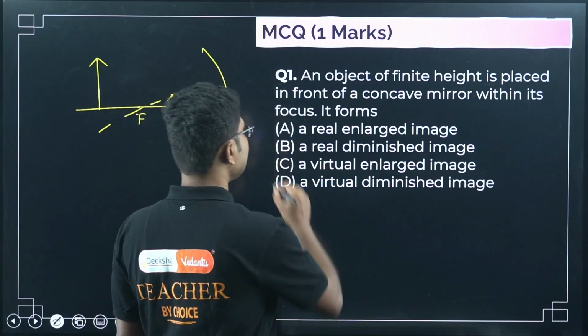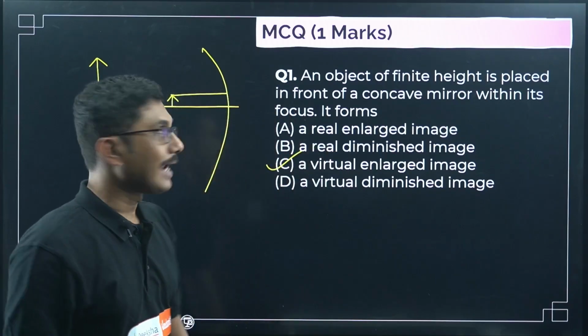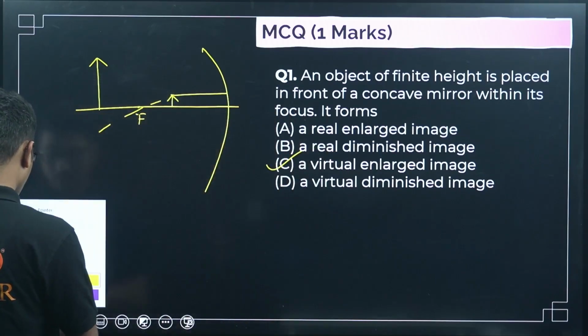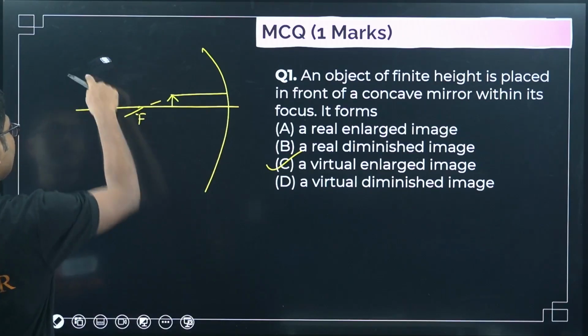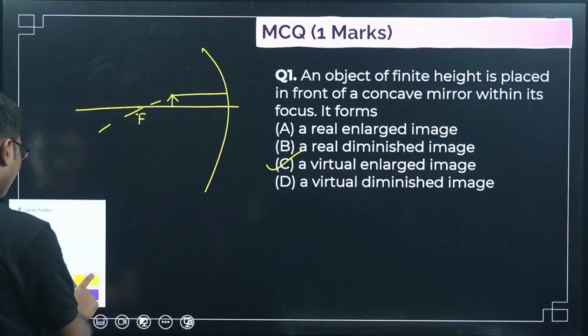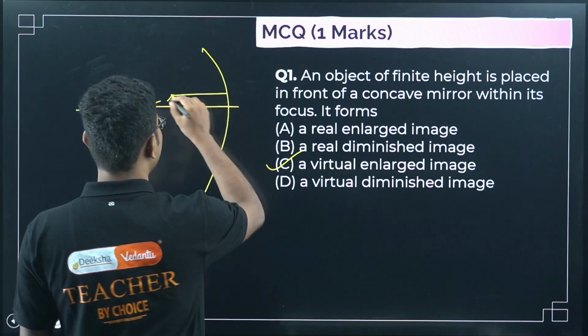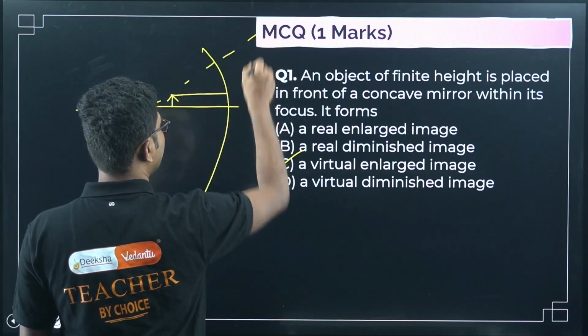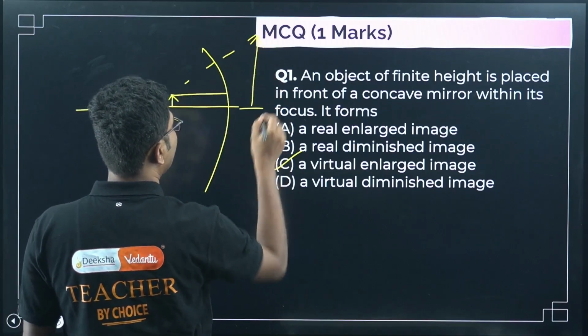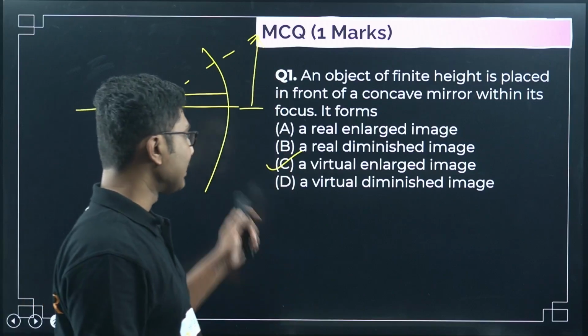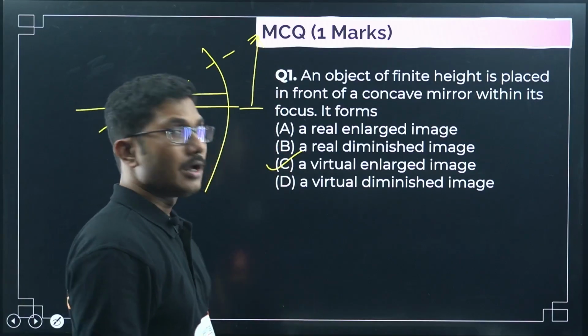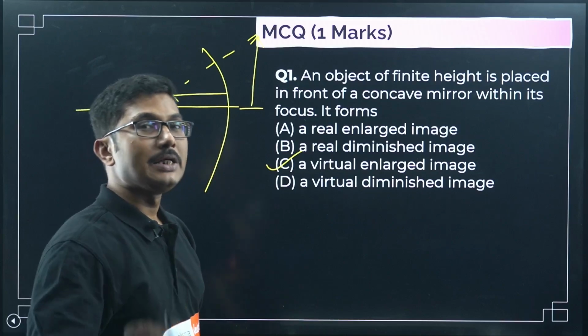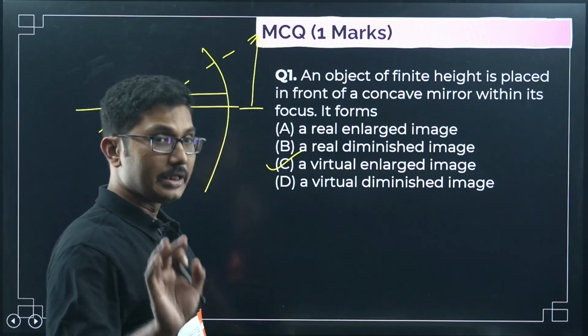Sorry, my mistake, for a mirror it will not be on the same side, it will be on the other side, behind the mirror. It will be a virtual and enlarged image for a concave mirror. For a convex mirror it will always be a virtual image but diminished.